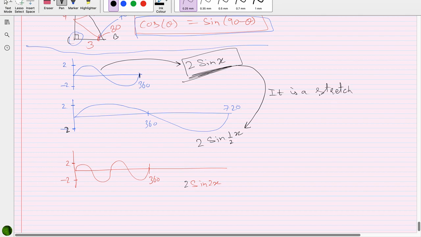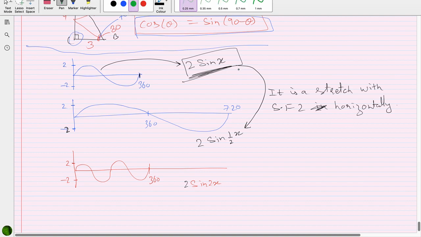please excuse my spellings, it is a stretch with scale factor 2 horizontally, or we could say it is a stretch of scale factor 2 along x-axis.